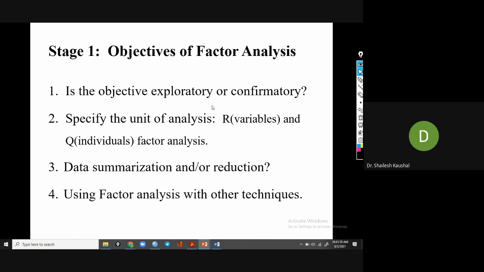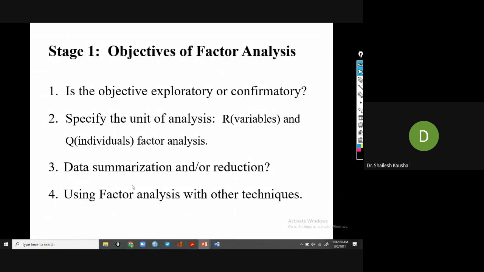When the existing literature review doesn't support us, and through literature review we find there is no scale for measuring this particular phenomenon, then we develop a new scale. So we should keep in mind, in confirmatory factor analysis, whatever questions we are taking to apply in structural equation modeling, all the questions should be based on the particular theory.